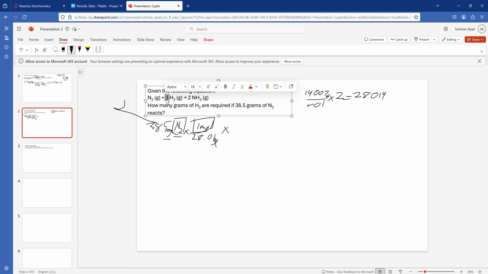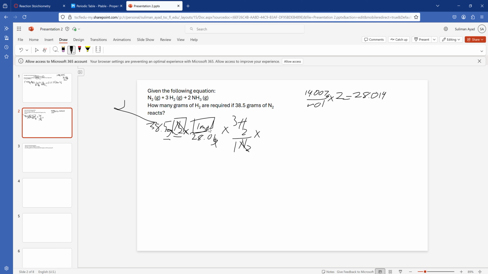We have 3 hydrogens for every 1 nitrogen. The 1 is never shown. It is implied that you have exactly one of those unless some other value is given. So I'm going to put the 3 H2 up there and 1 N2 on the bottom. So my nitrogen cancels.